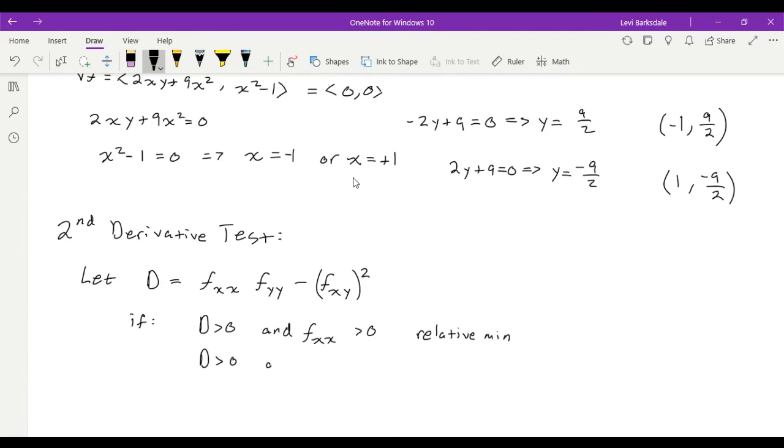If d is bigger than 0 and your second derivative with respect to x is smaller than 0, we have a relative max. If your d value is smaller than 0, we have what's called a saddle point. And finally, if d is equal to 0, the test is inconclusive.